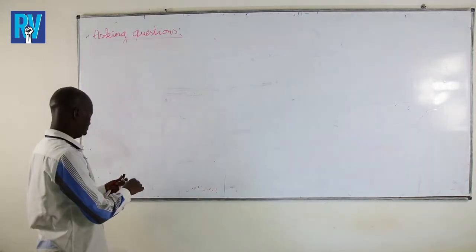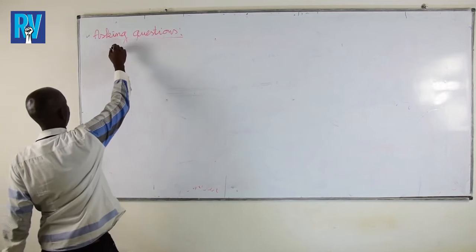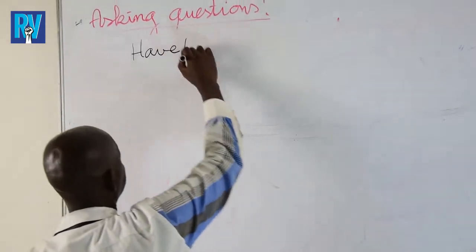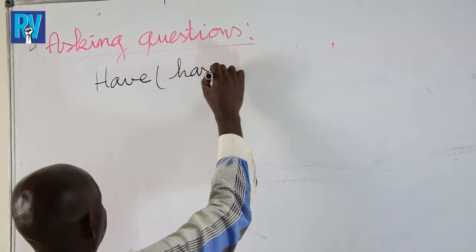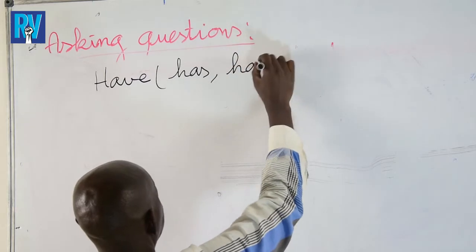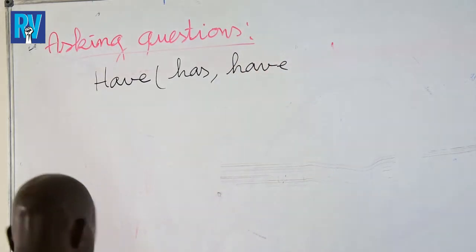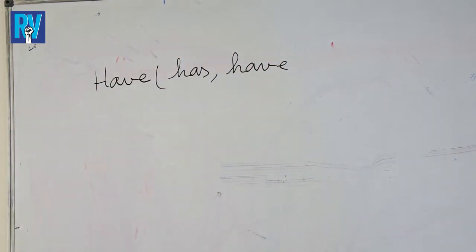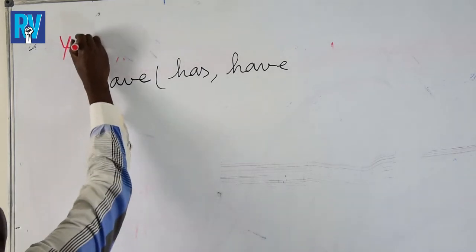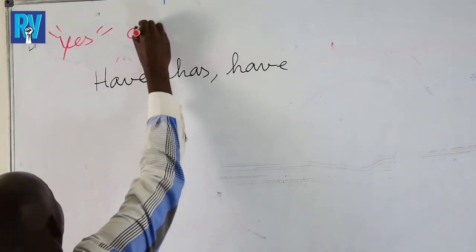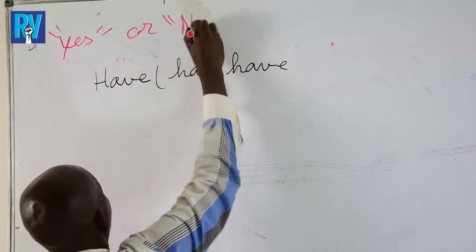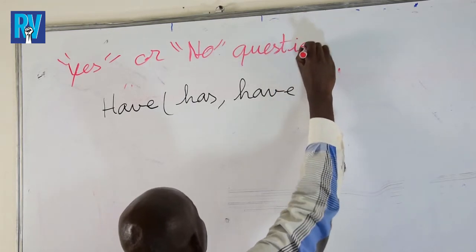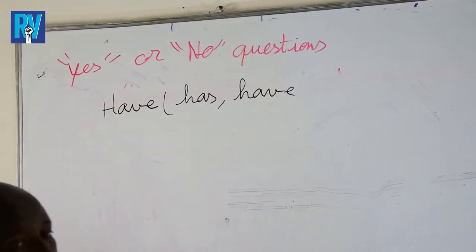For yes or no questions, the question will start with, can start with have, has, have, okay, yes or no questions.